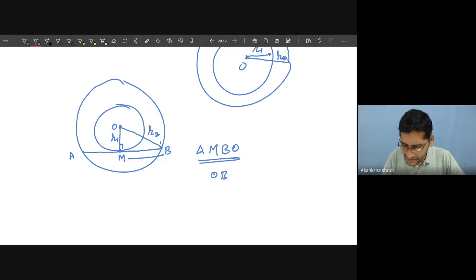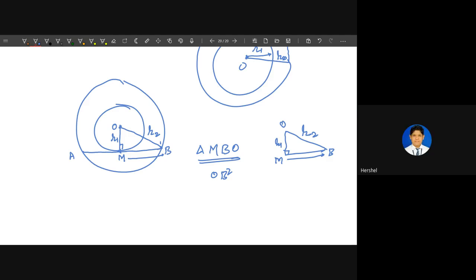This OB is the hypotenuse, student. If you have doubt, you may draw this triangle separately, where this is our radius R2, this is our R1. This point is at the center, so it will be perpendicular, though it is just touching the internal circle. Then this length is our MB and this point is our O.